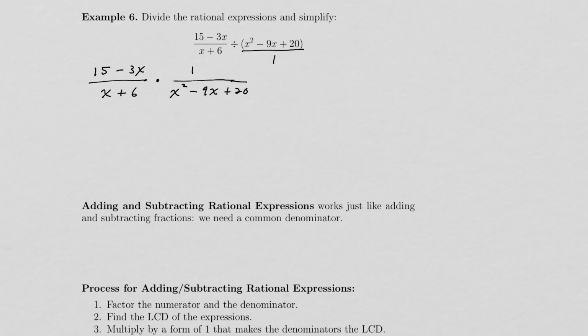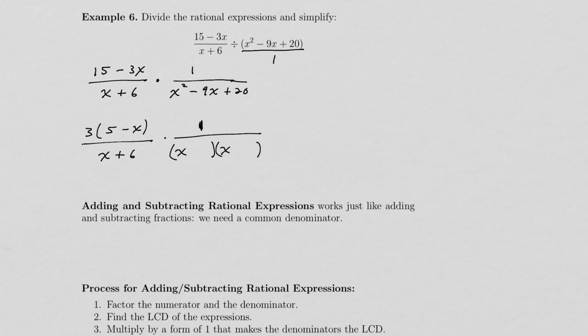So factor whatever we can. I guess I can take out a 3. And I'm left with 5 minus x. Can't really do anything with the denominator, right? Just leave it. It's already factored into x plus 6. And then the 1 stays. And then in the denominator, I can use the BC rule. So x, if it works, x.